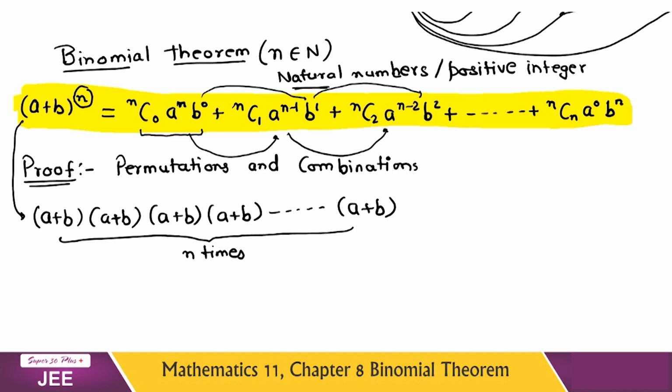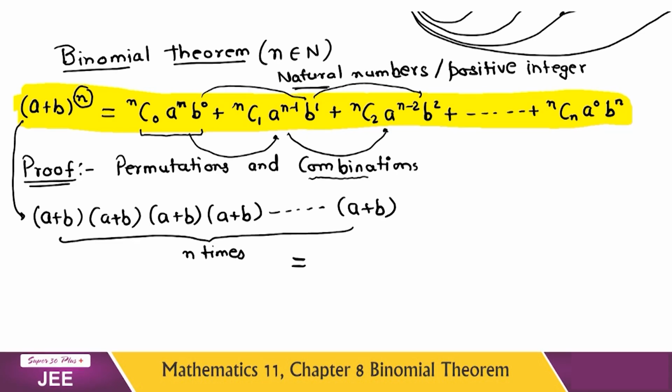Now, you have to think about each and every term using the concept of permutations and combinations. In fact, you don't have to focus on permutations. The word combination alone will be sufficient over here.